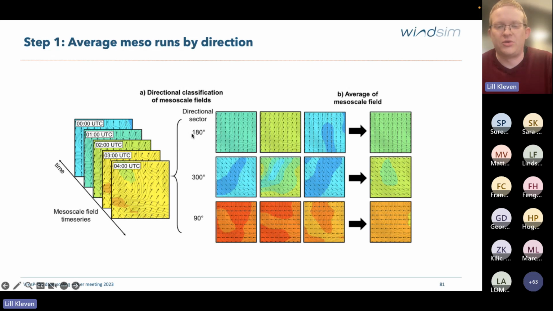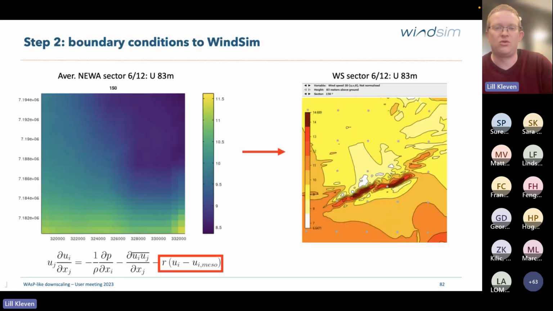And then you take the directional averages of the wind fields based on where the wind is coming from inside the mesoscale domain. So then you get these time and sector average values of mesoscale fields. And what we can do then is we can use them as boundary conditions to WindSim.